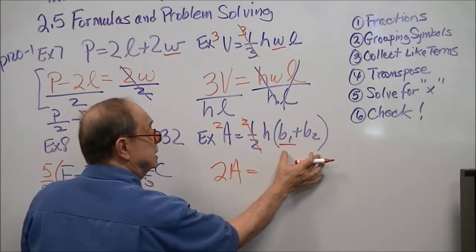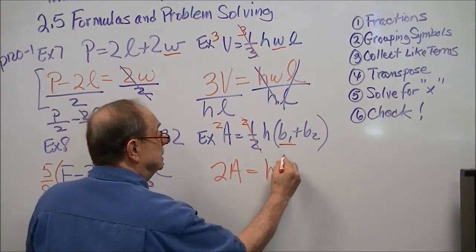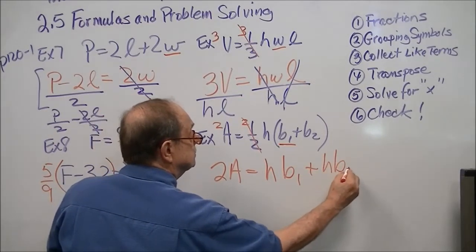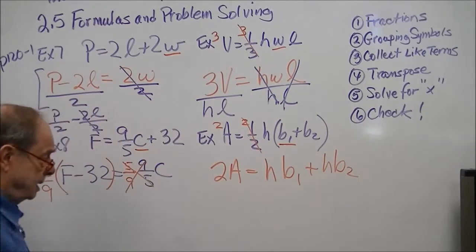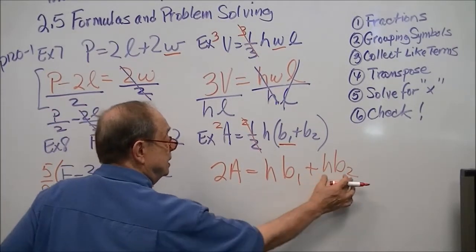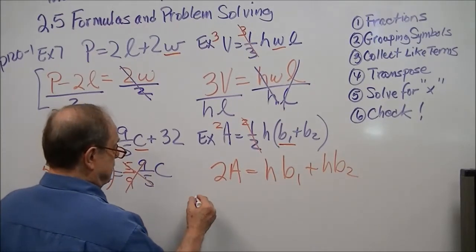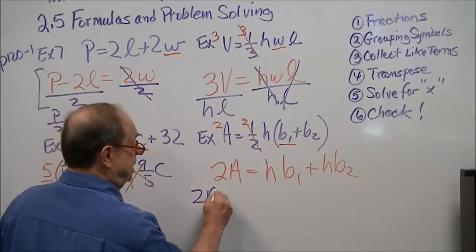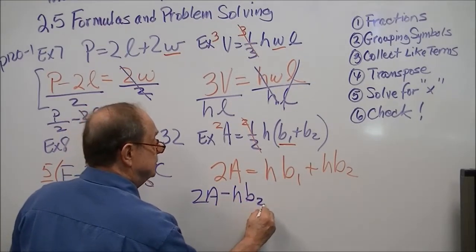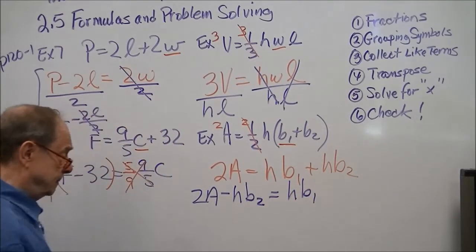Now I want to get the b sub 1 out of the parenthesis. And now I want to isolate the b sub 1 by transposing this. So I get 2a minus h b sub 2 equals h b sub 1.